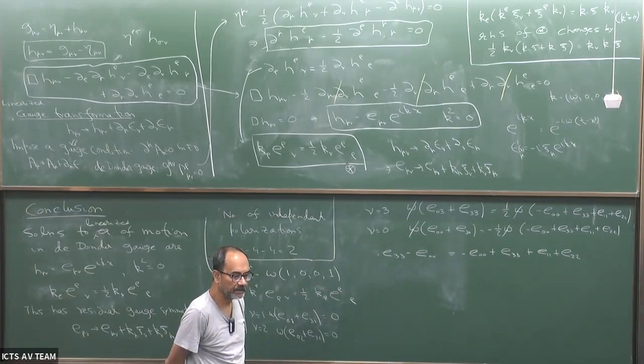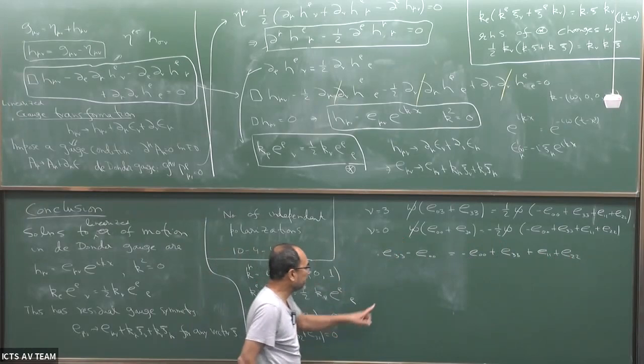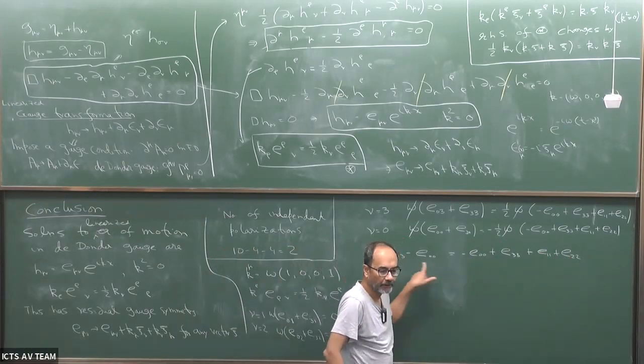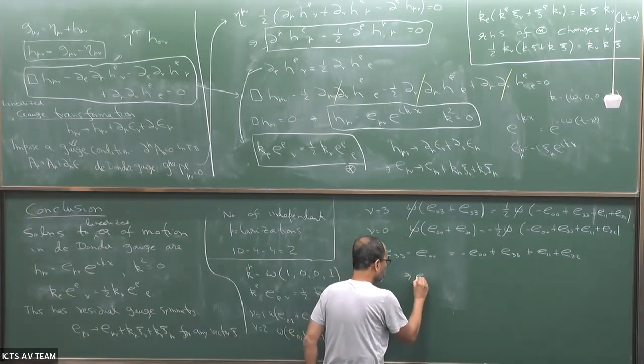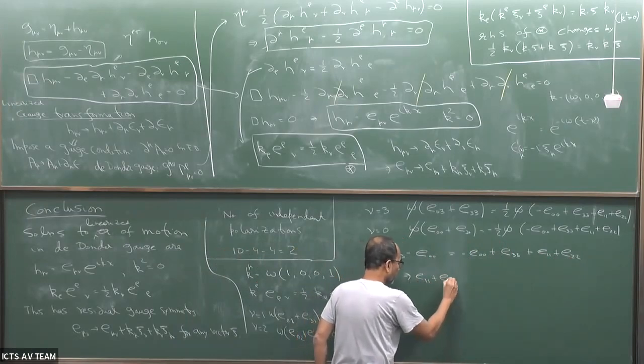So you see that E33 minus E00 drop out, right? And so this gives you E11 plus E22 equal to 0.